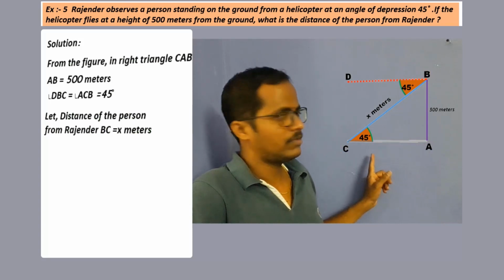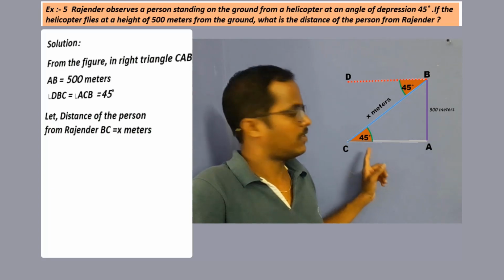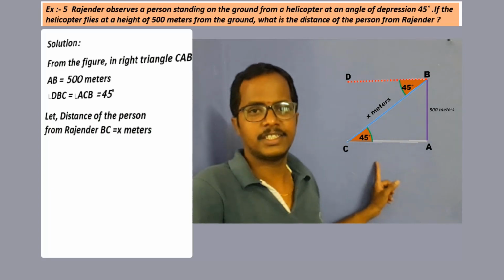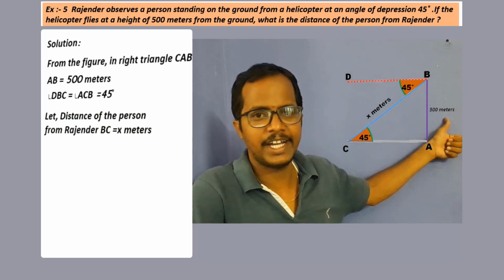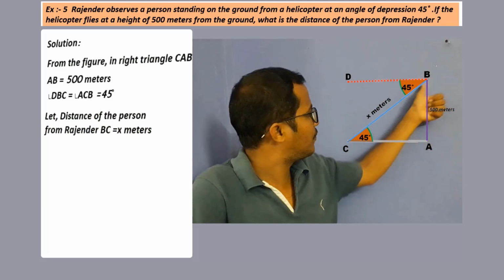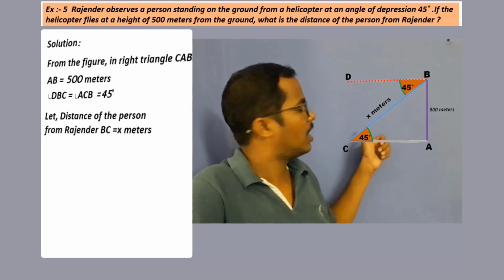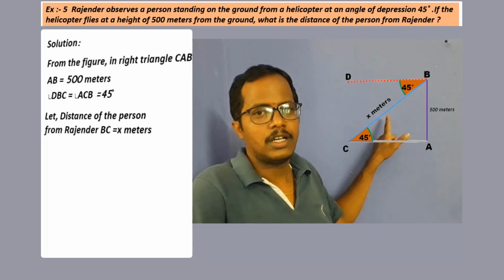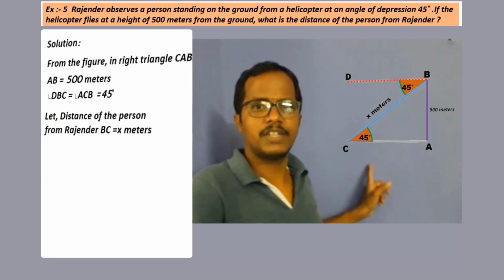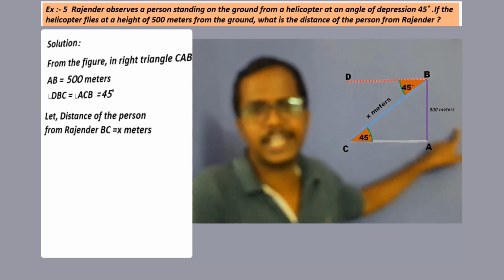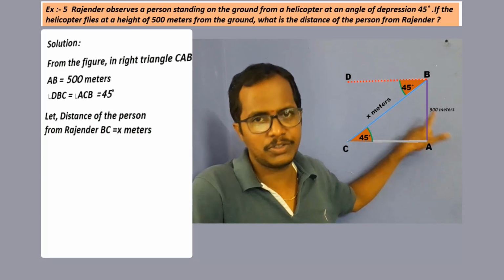Now we need to find this length x meters. And if we observe this figure, for the given angle 45 degrees, we have the opposite side, that is AB, which is given as 500 meters. And we need to find the length of the hypotenuse, which is x meters. So for the given 45 degrees angle, we have the opposite side and we need to find the hypotenuse.